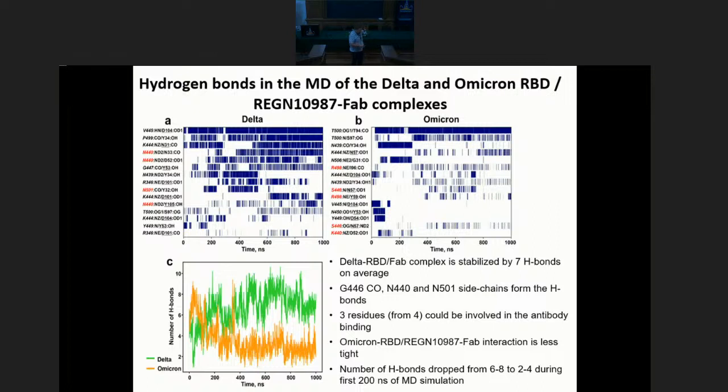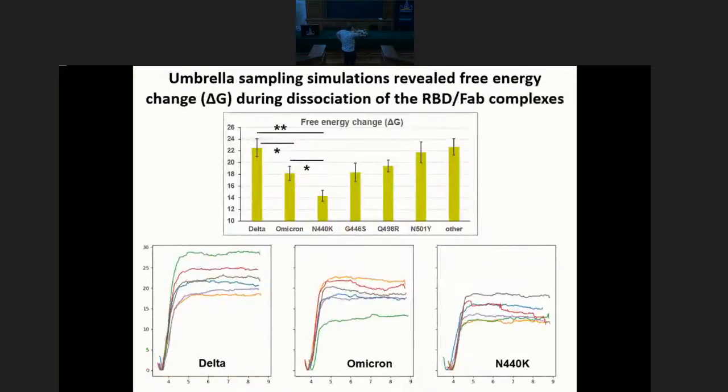That indeed confirms that the complex with the Omicron variant has low stability. But if we calculate the delta G difference using umbrella sampling, we observe several strange things. First of all, there is a very large difference between individual runs of the calculation.